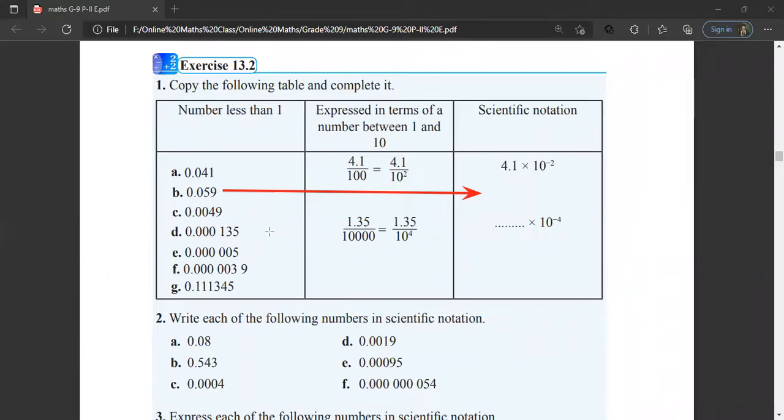4.9 into 10 to the power minus 3. Very good. Next one. Others also you can join. You can talk. 1.35 into 10 to the power minus 4.